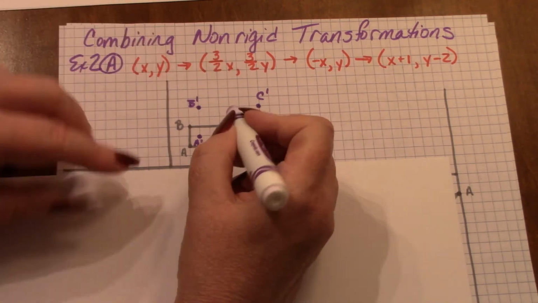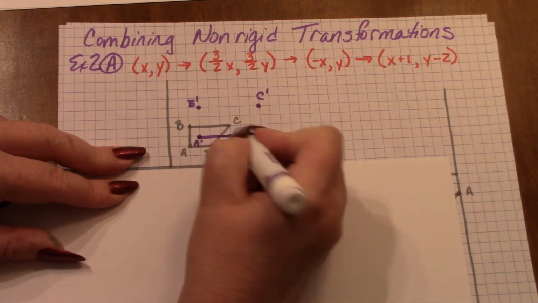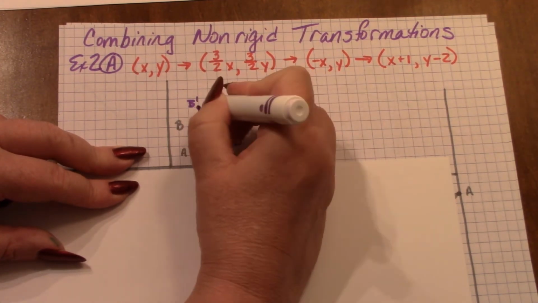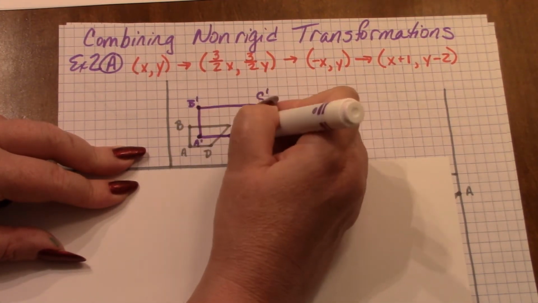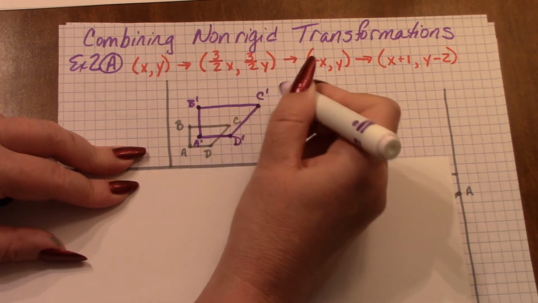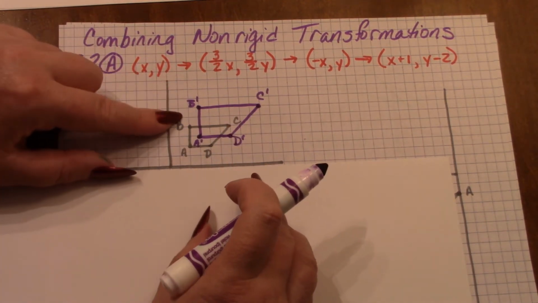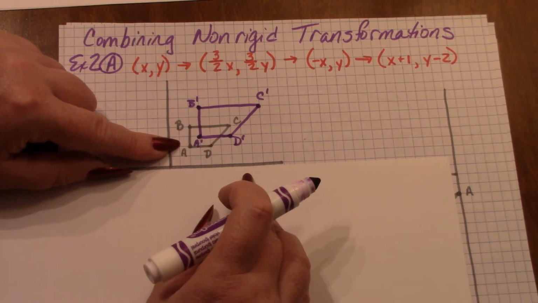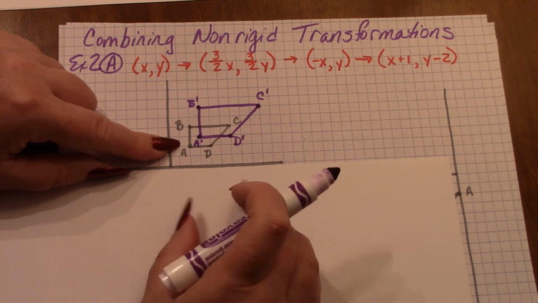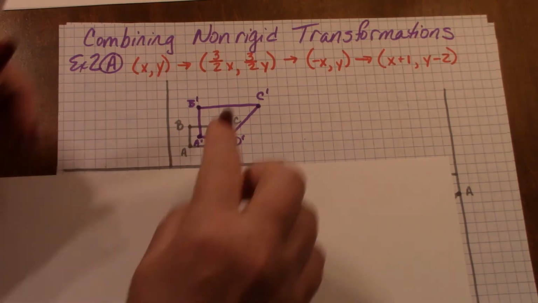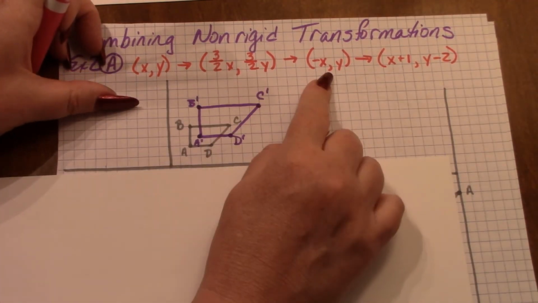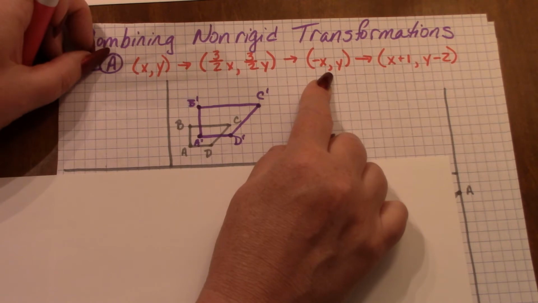D prime. Now when we make this shape, you can see that the type of shape is preserved, but we've not only moved it, we've also made it larger. Then we're going to take this shape and we're going to rotate it.